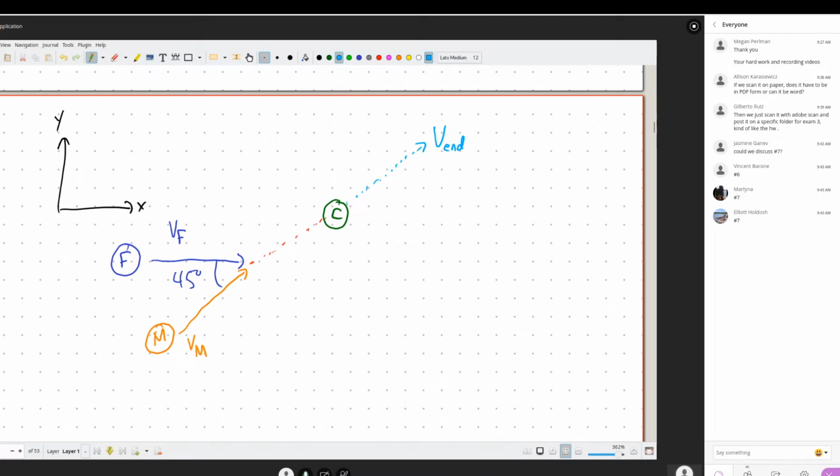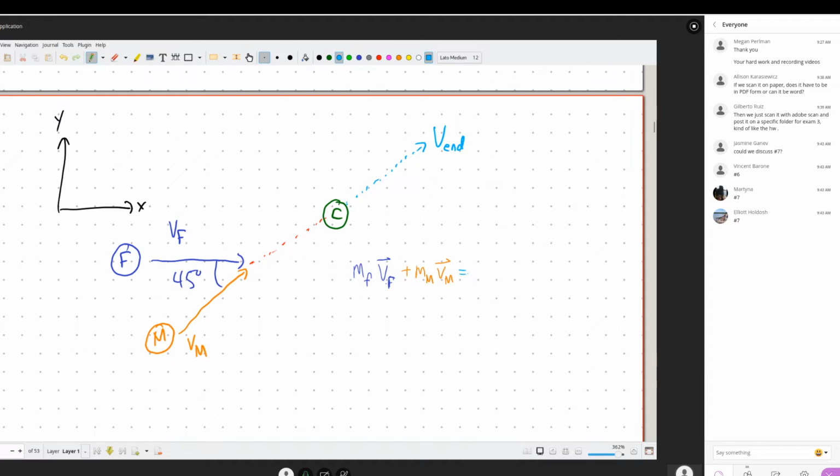So I can just say that, let me get my colors right. Here's the momentum of the father in the beginning, plus mass times v mother in the beginning, equals, okay, so now what's going on in the end?